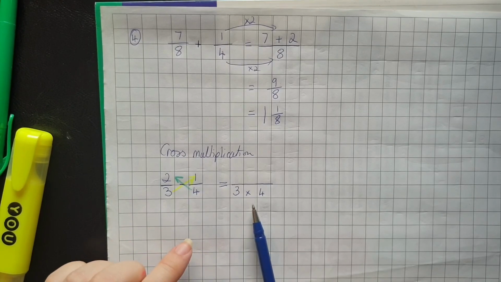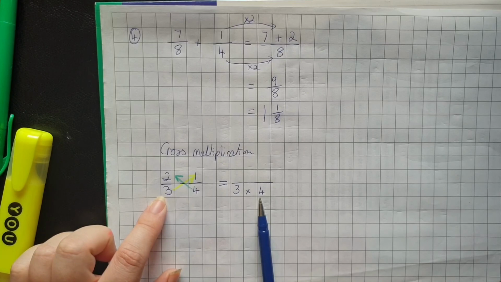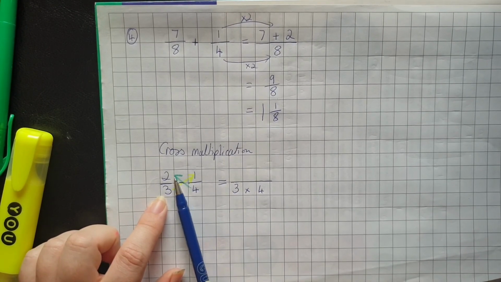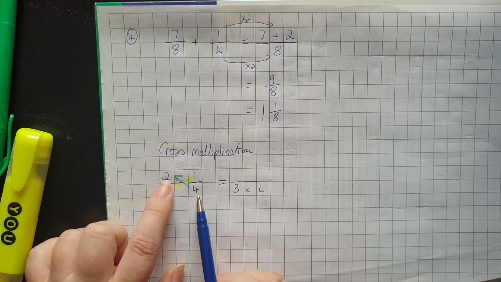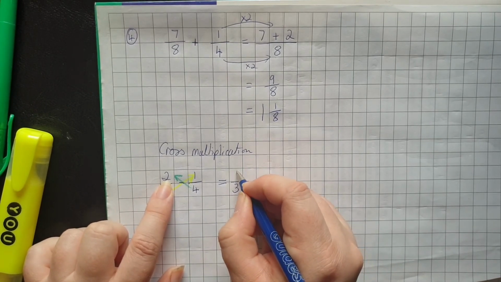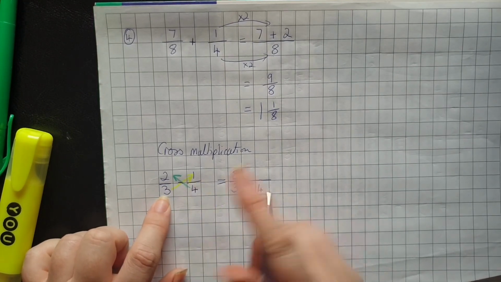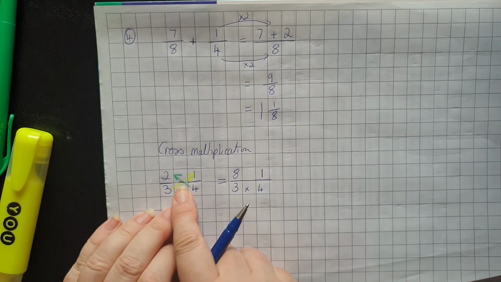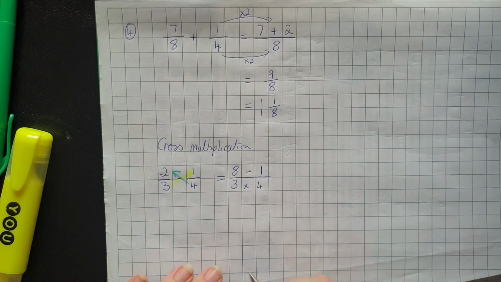To find our new denominator, we've multiplied the 2 previous denominators here. So we've now got a common denominator. We then cross multiply the numerators. So 4 times 2 is 8. 3 times 1 is 1. And again, we need to check the operation. This example, we are subtracting. We now need to work it out.